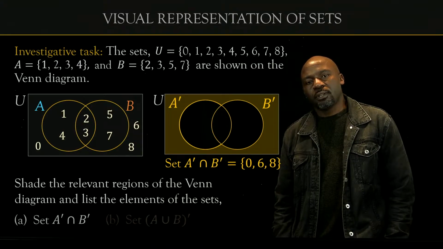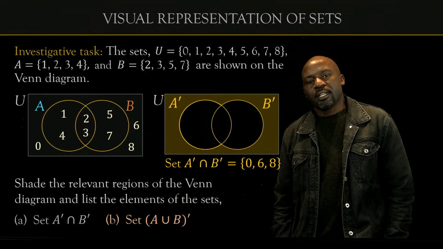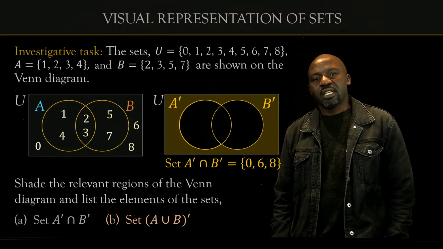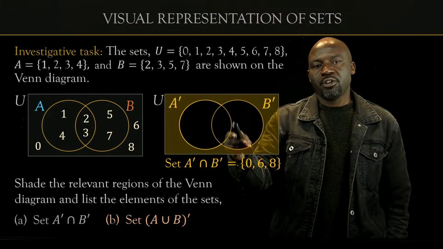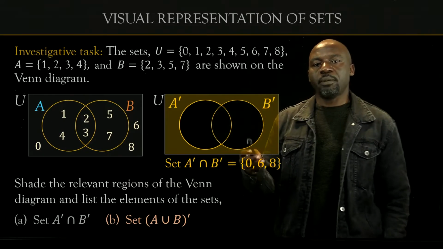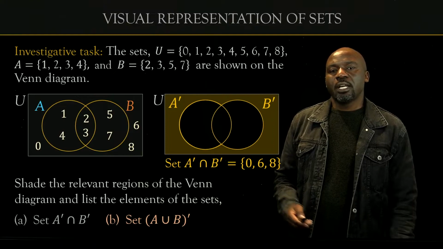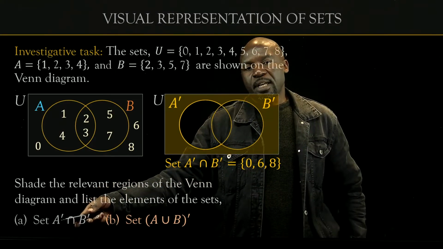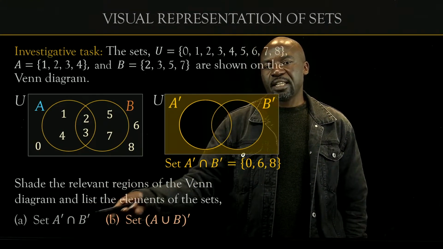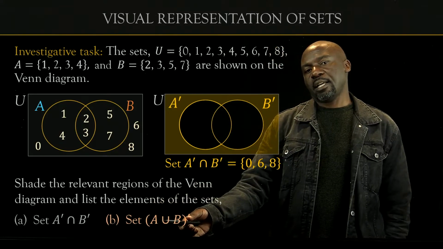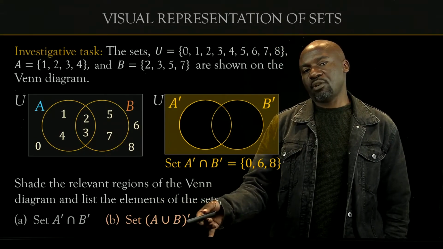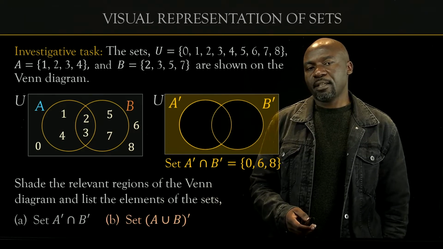But you should also notice that A union B would be the dark region, and its complement, meaning outside it, is also the same thing. So we can conclude that A complement intersection B complement is the same thing as (A union B) complement.